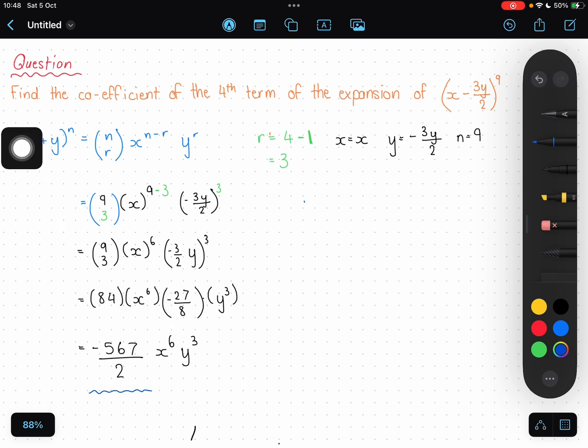Okay, so in this case, the coefficient is minus 567 over 2. Or you can write it as a decimal if you want. As a decimal, it's minus 283.5.